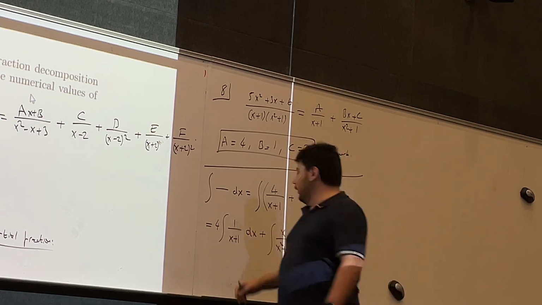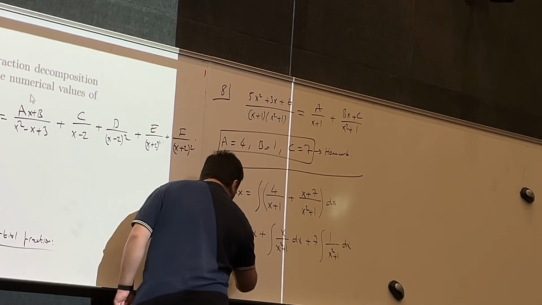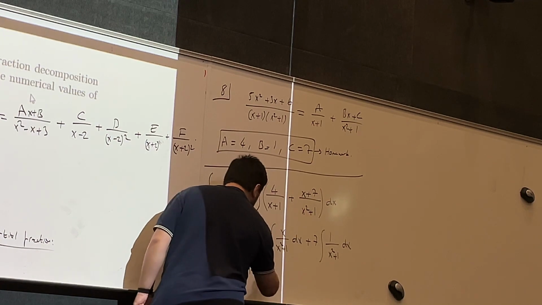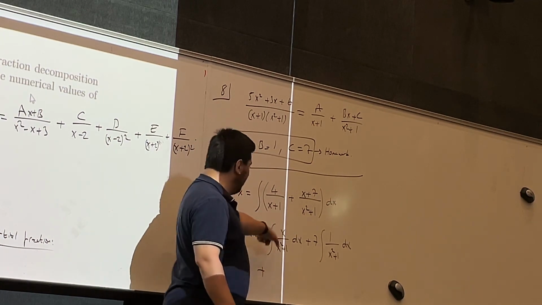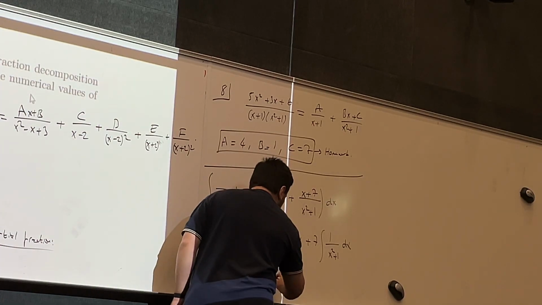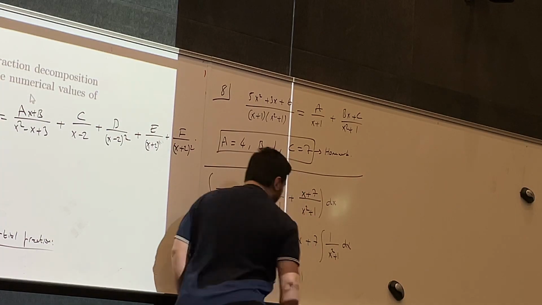What's the integral of 1 over x plus 1? ln, very good, ln of the absolute value of x plus 1. Don't forget about the absolute values. Plus, what's the integral of this? 1 over 2 ln of x squared plus 1.